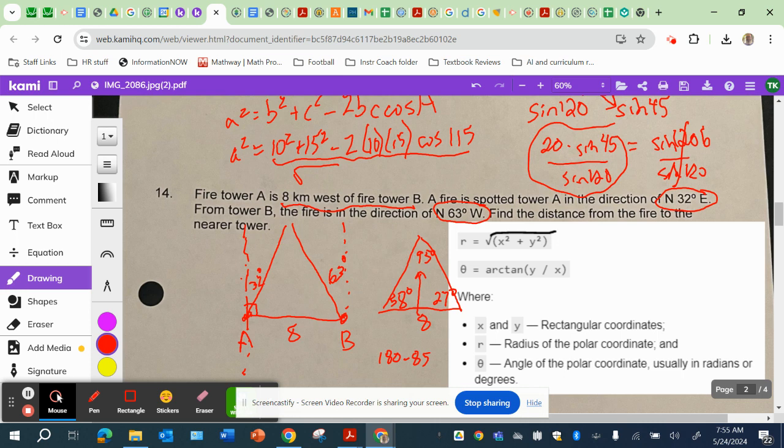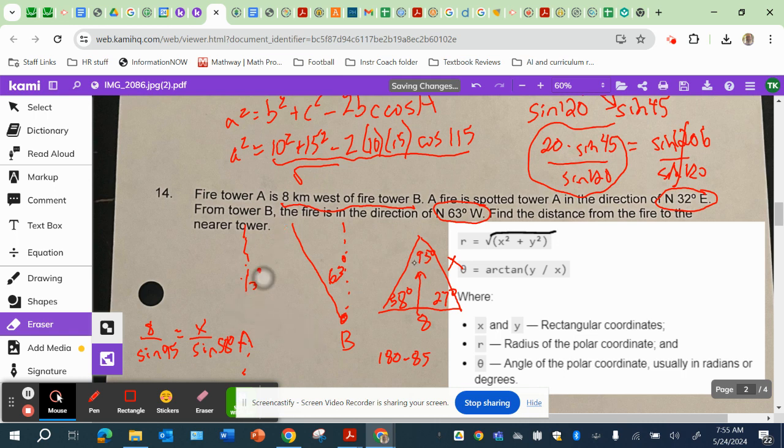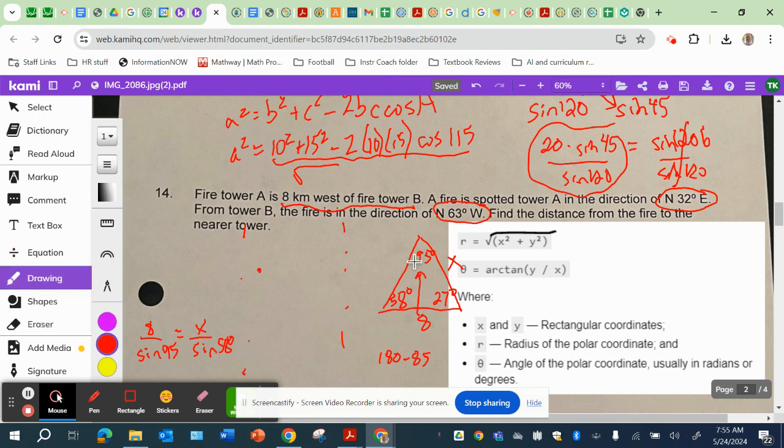So 8 over sine of 95 equals, call that x if you want, x over the sine of 58, and equals, call that y, y over the sine of 27.